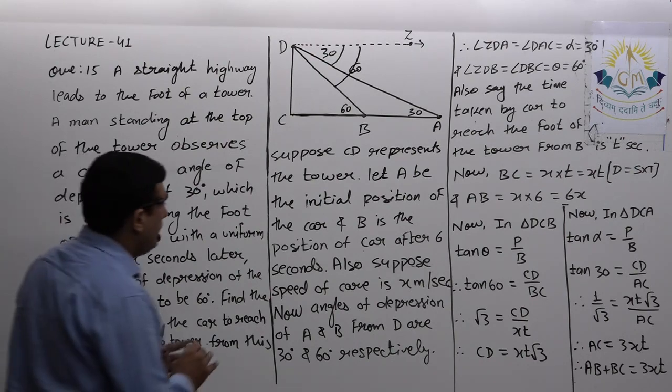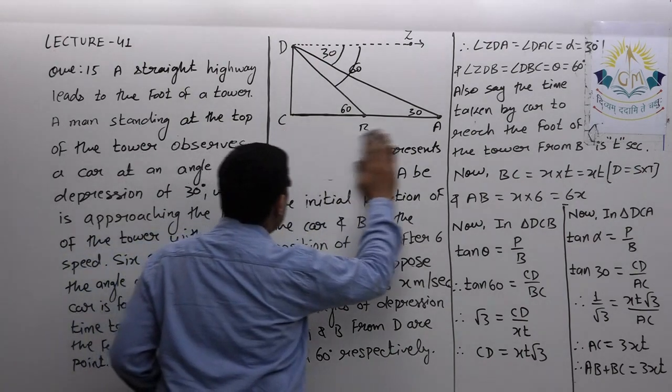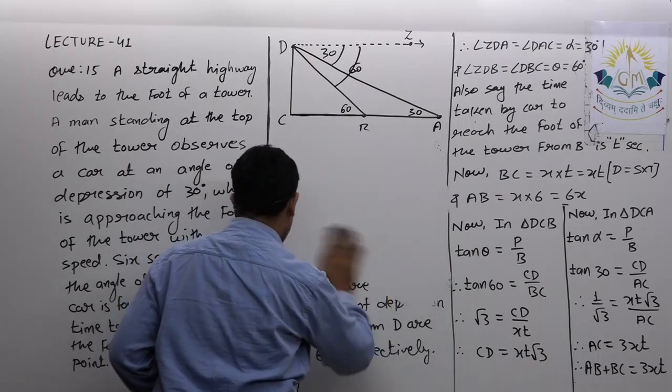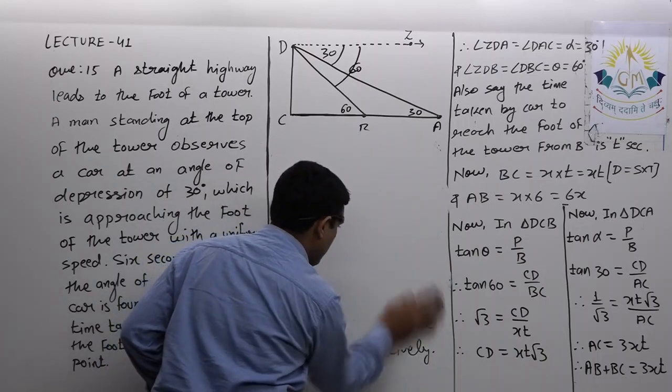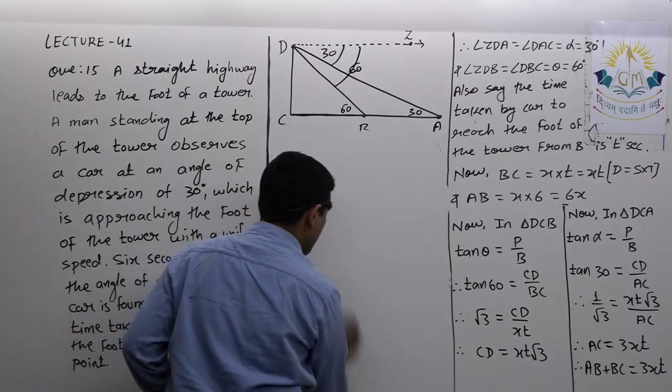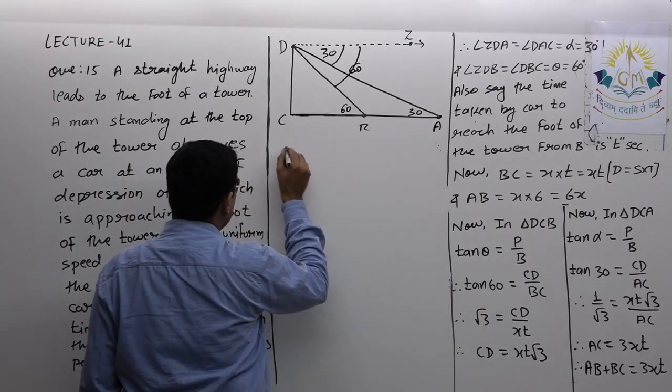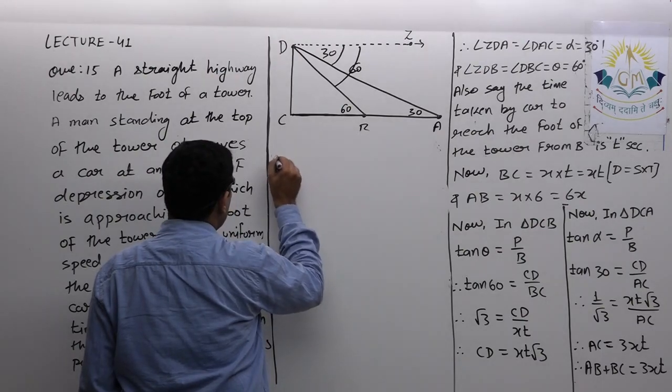Okay, so let us solve it further over here. Now AB plus BC is equal to 3xt.